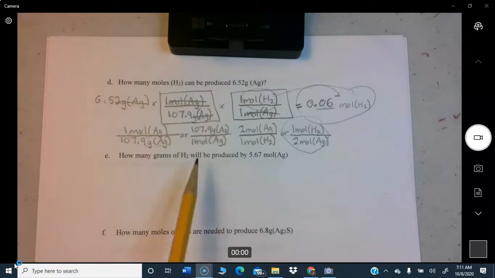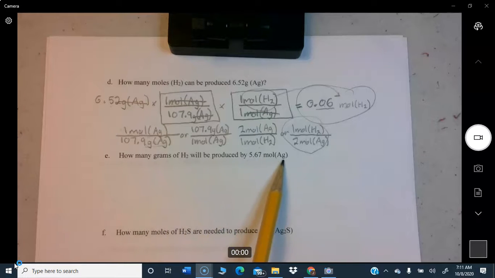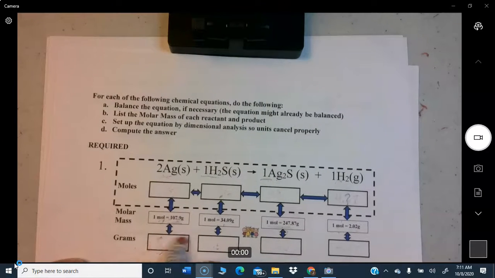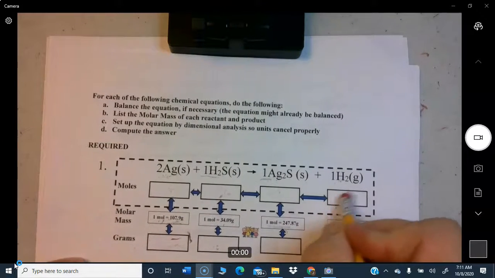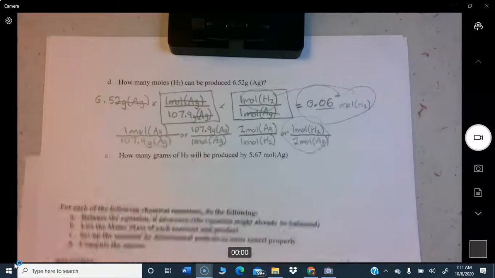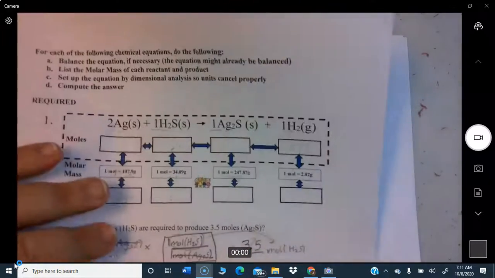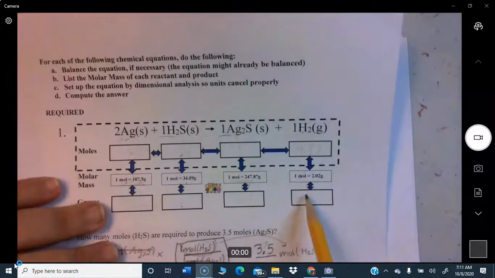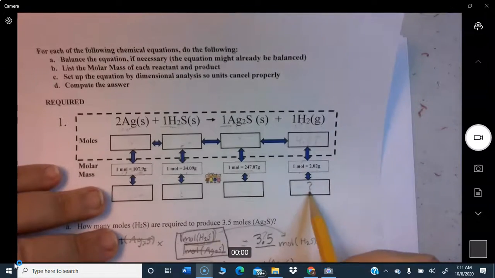grams to moles here. So how many grams of H2 will be produced by 5.67 moles of Ag? Let's go ahead and erase everything we have in the organizer. And it's how many grams of H2. So here's H2, here's grams down here, so the question mark goes there.